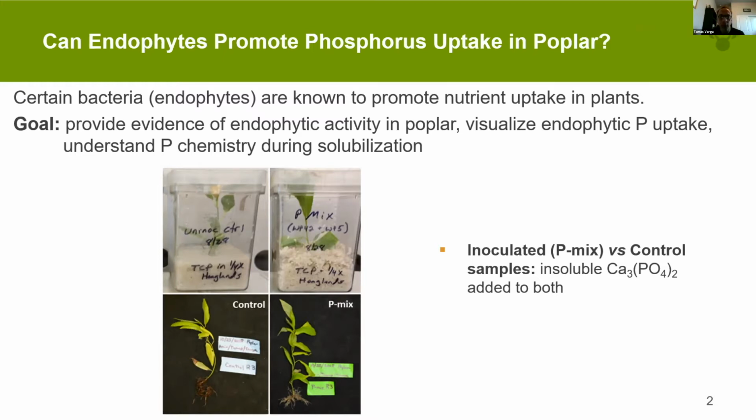To achieve this goal, in collaboration with Professor Sharon Doty at UW, we had two groups of samples. One group that didn't contain the bacteria was called control, and the other group, which was inoculated with two different strains of endophytes selected by the Doty group, was called PMIX group.